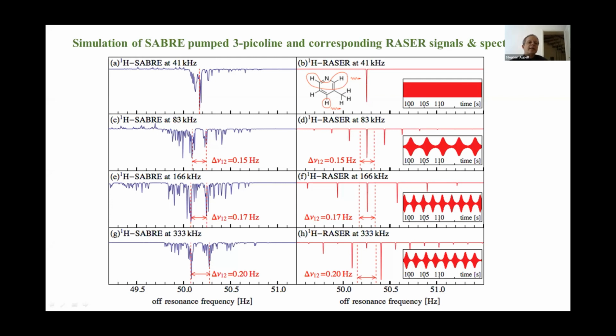If you increase the frequency splitting, if you increase the magnetic field, you have a gap here. This gap is 0.15 Hertz, calculated by a computer simulation. Then suddenly you have the reverse transformation. The one single line turns into an uneven, an odd frequency comb.